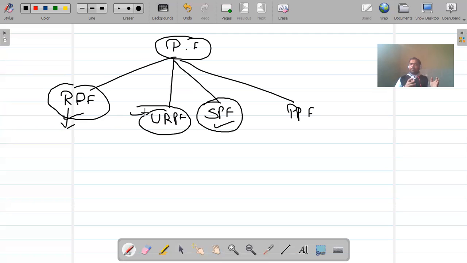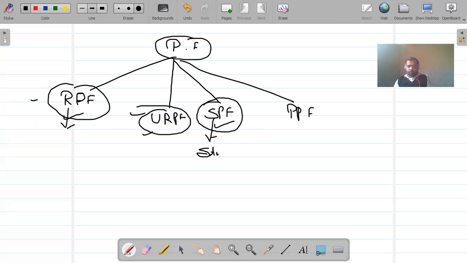He doesn't take any recognition or approval from any authority. He creates it on his own. So the difference between them is that this one is recognized by the officer, and this one is not recognized at all.